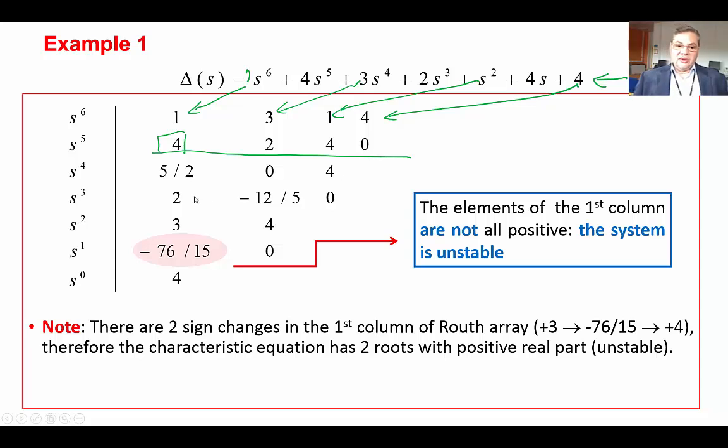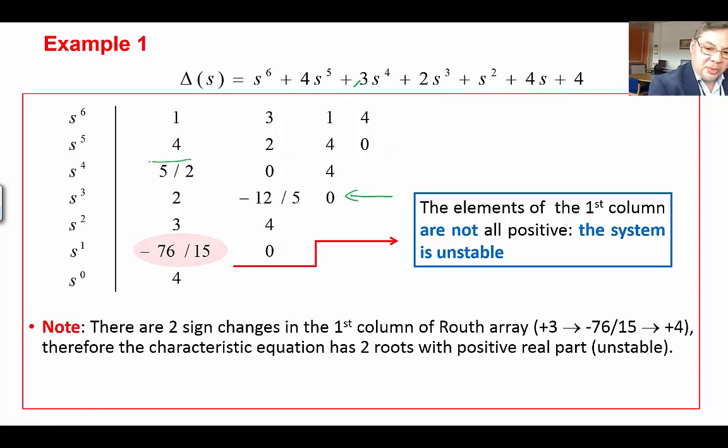So on for the following rows. If we start with the fourth row, this will be the pivot. The first element is 5 over 2 multiplied by 2, which is 5, minus 4 multiplied by 0, which is 0.